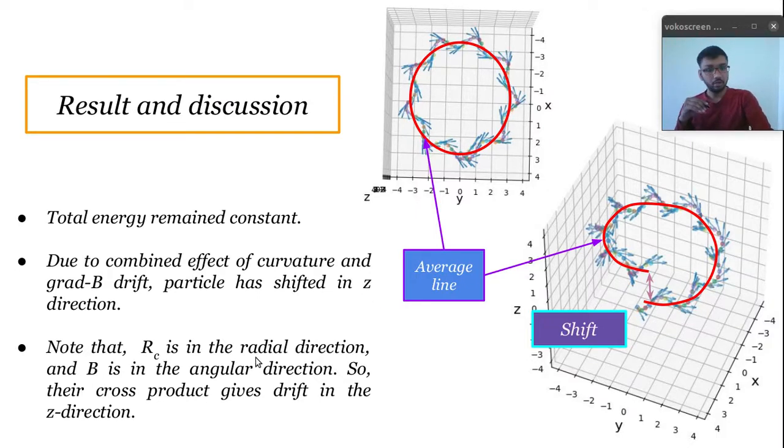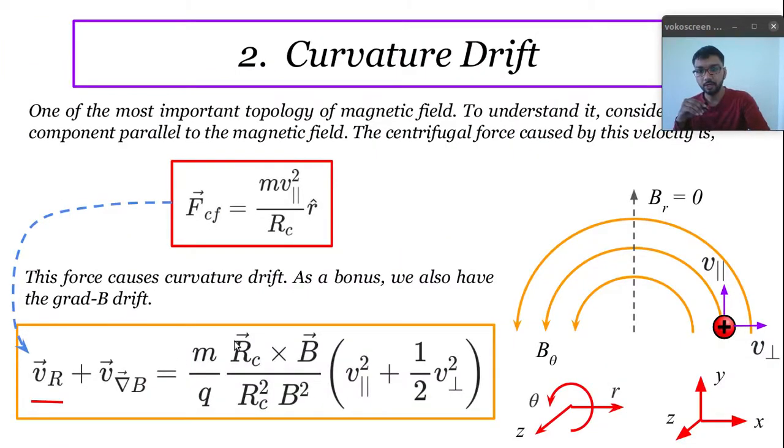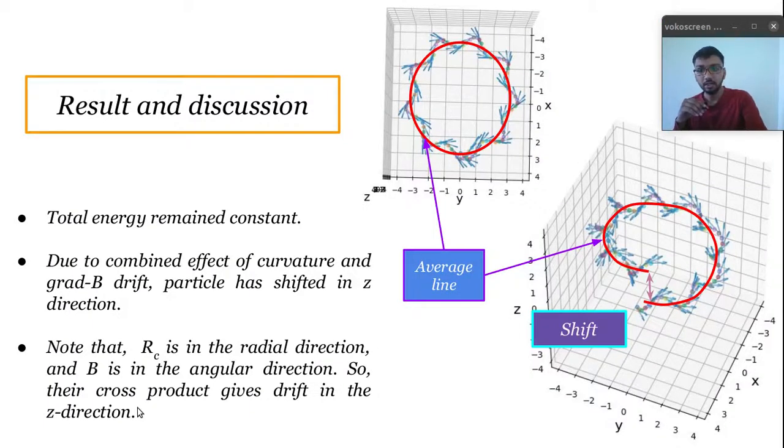Note how this thing is working. This RC is in a radial direction. Which RC am I talking about? This RC. This RC is in radial direction, and B is in angular direction.